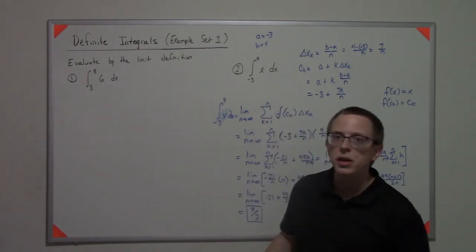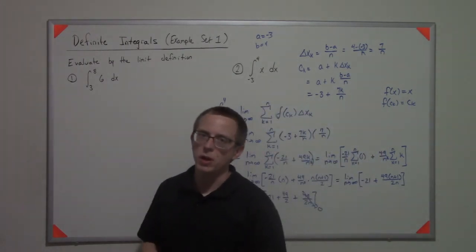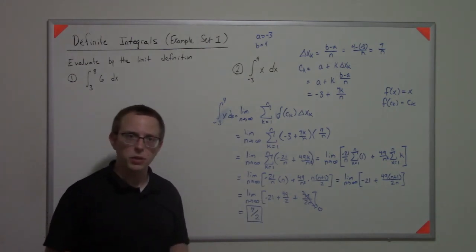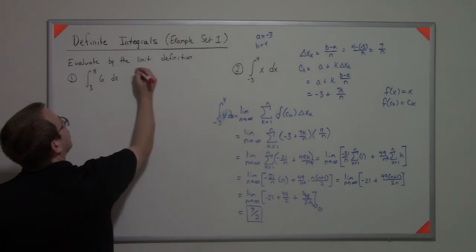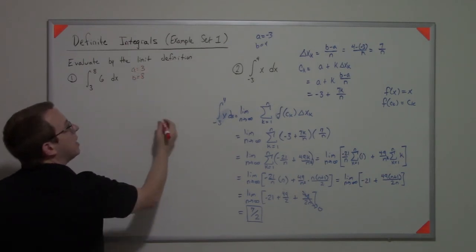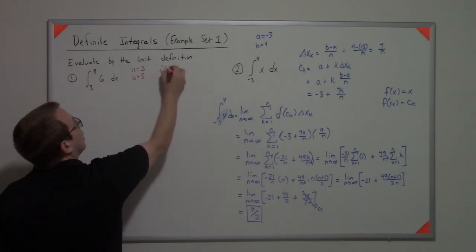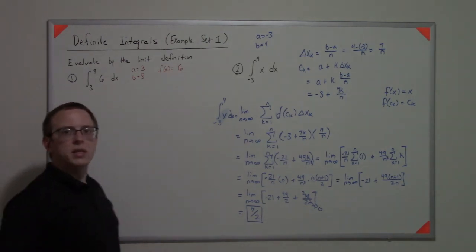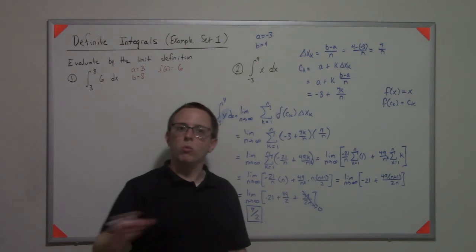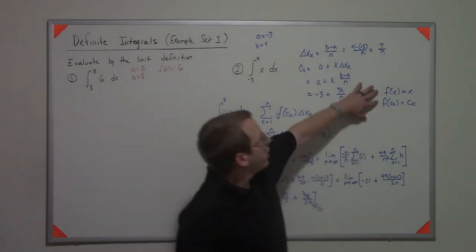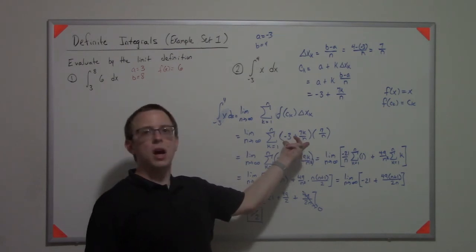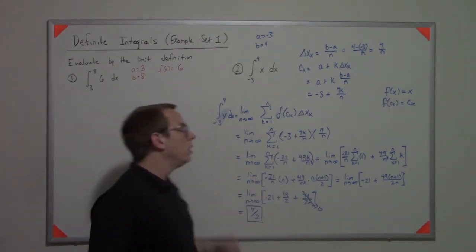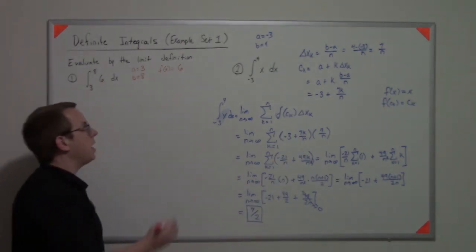So let's do the same idea, but instead let's do it with 6 over here. Now, this one's actually going to be even easier, because in this particular case, a is 3, b is 8, and f of x is 6. So no matter what, we don't have to worry about this case over here, because this is not going to change. But we'll go ahead and pick our ck anyway.